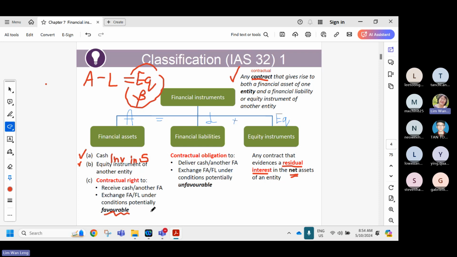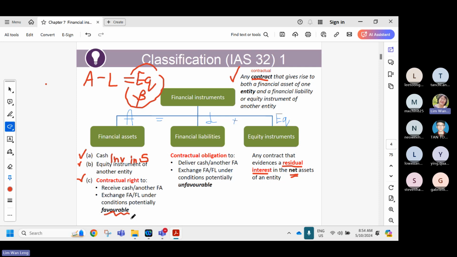This trade receivable is part of a financial asset because it gives you a contractual right to receive cash. And when you exchange this cash, you are better off, which means they are exchanged under conditions that are potentially favorable to you. Okay, so this will be your financial assets definition.